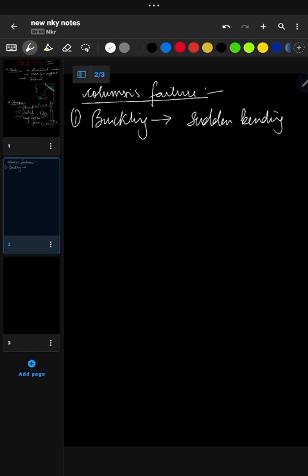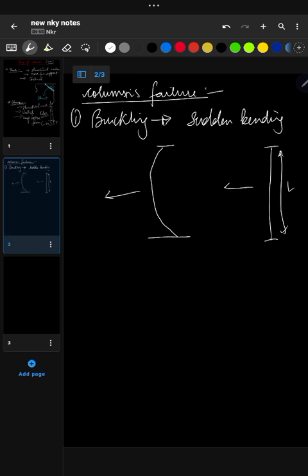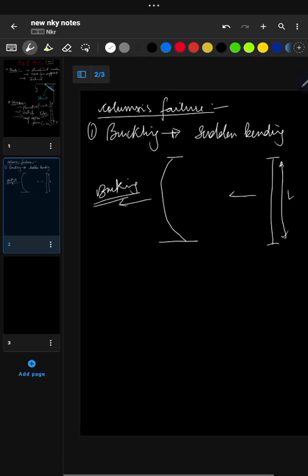At this point failure automatically happens, right? Buckling happens in long columns. Suppose this has length L, and after buckling it becomes like this. This is the first type of failure.